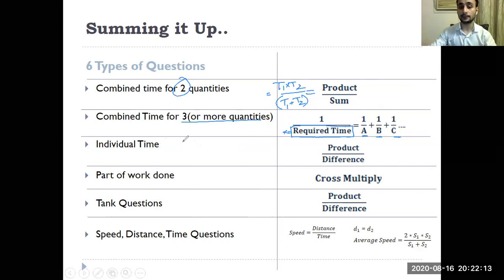Let's try to do the third one. Third में आपको क्या given है? Third में आपको combined time given होता है और one individual time given होता है. And the second individual time you need to take out. इसके लिए हमारी क्या trick है? Simple trick है. T1 multiplied by T2, T1 being perhaps the combined time multiplied by the individual time, divided by individual time minus the combined time.